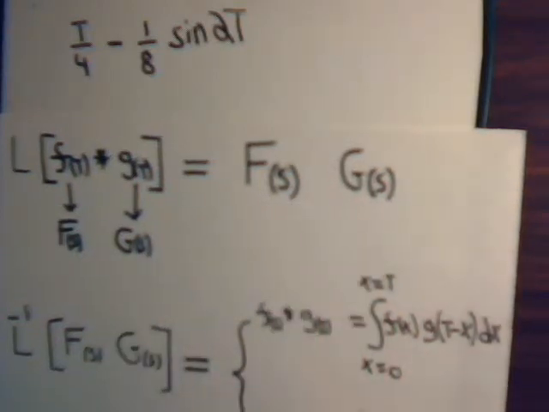And again, we will prove this in a future video. But this is why convolution is important in the study of differential equations, the way it relates to Laplace transforms.